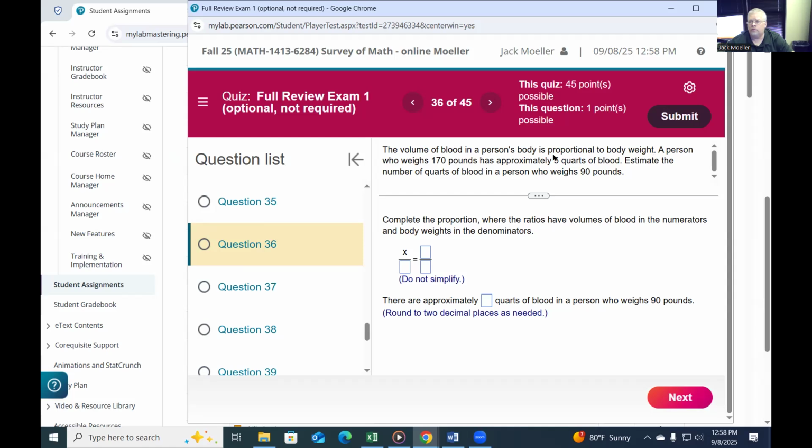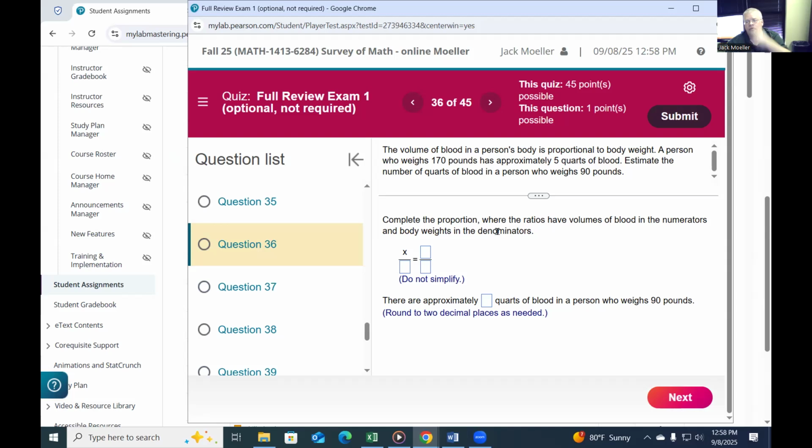So, like if I was reading this problem and doing it without their setup, so volume of a person's blood is proportional to the weight. So a person weighs 170 pounds, is approximately 5 quarts of blood. If I was to read that by itself, I would put 170 pounds on top, 5 quarts of blood on bottom, because pounds came first, quarts came second. But notice here in the problem, to complete the proportion where the ratios have volumes of blood in the numerator, they're telling you volume of blood has to go on top, and body weights in the denominator, so it goes in the bottom.